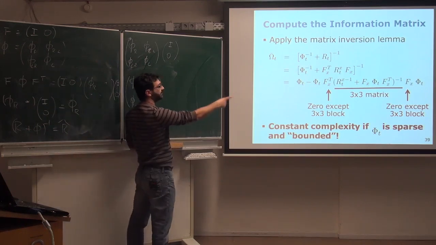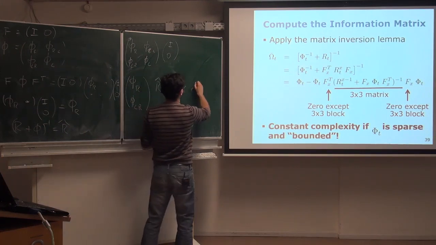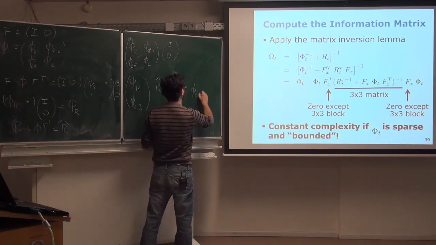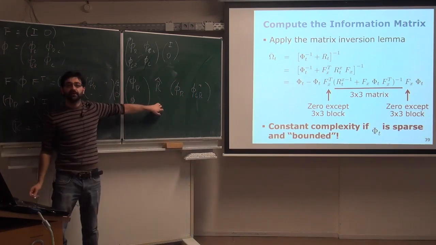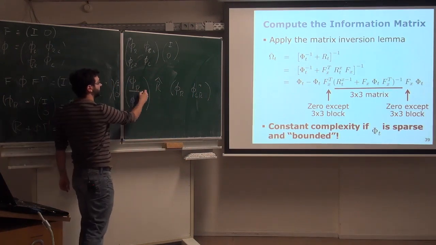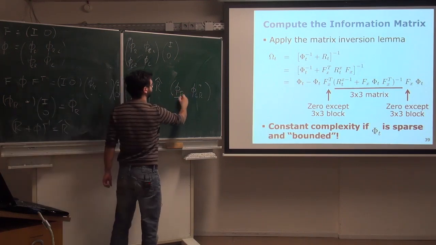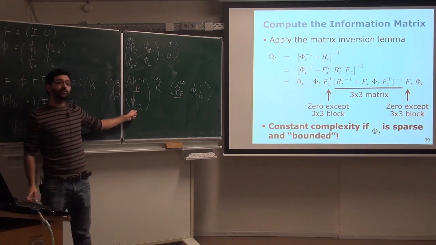And then we have the same thing on this side. Okay, so that's actually what happens in that multiplication. And basically, we know this is 3 by 3, this is 3 by 3, and this is 3 by 3. So that's constant. The only thing that we don't know is the size of this.